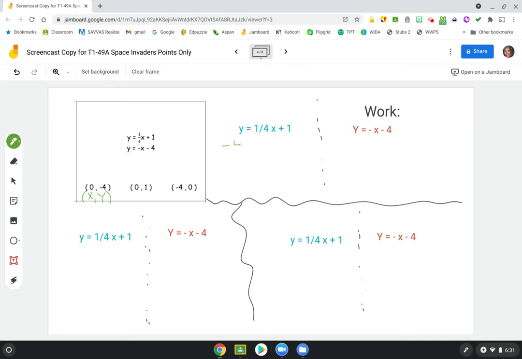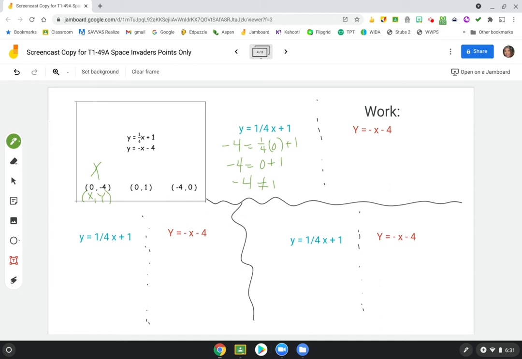So I have -4 equals 1/4 times 0 plus 1. 1/4 of 0 is 0. And I know that -4 is not equal to 1. So that means this point will not be the solution to the system.